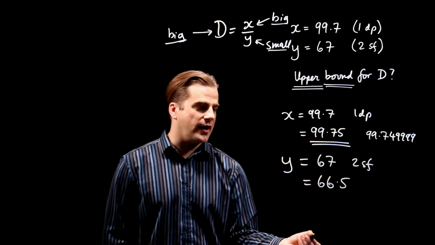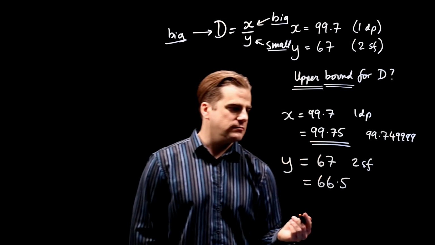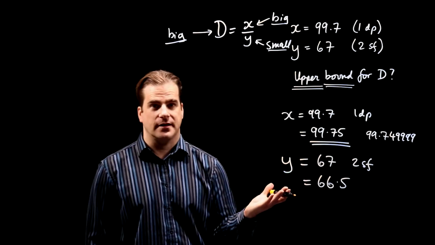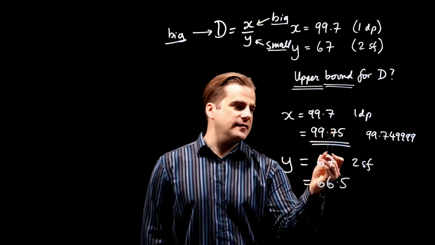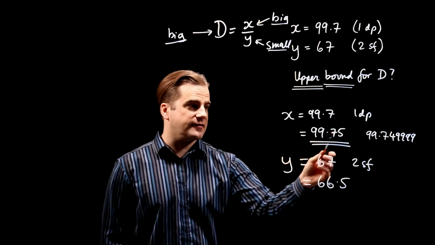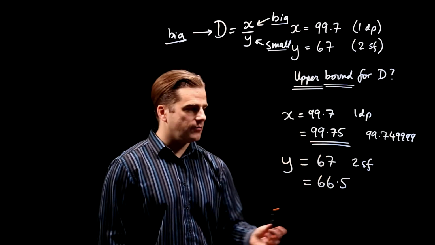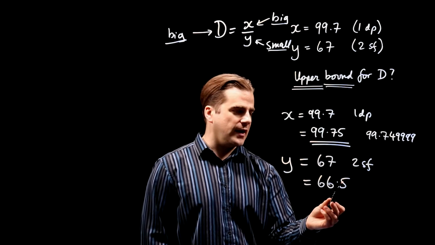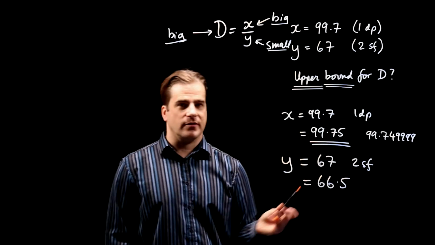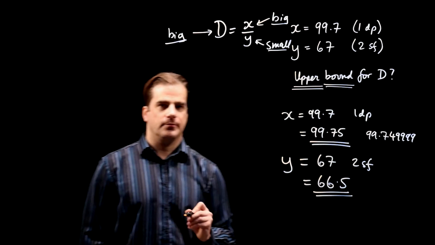If anything below that, you'd round down to 66. Yeah, that's basically it. You use 99.75 because that and above you round up to 99.8, so that's the bound. You use 66.5 because anything below that you'd round down to 66. So that's what we're going to use for y.